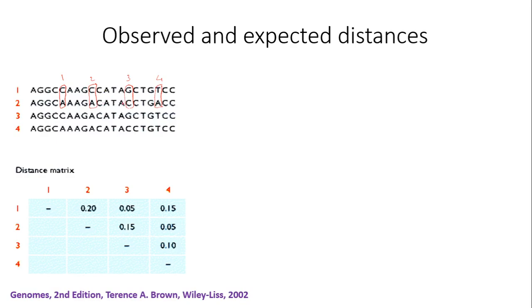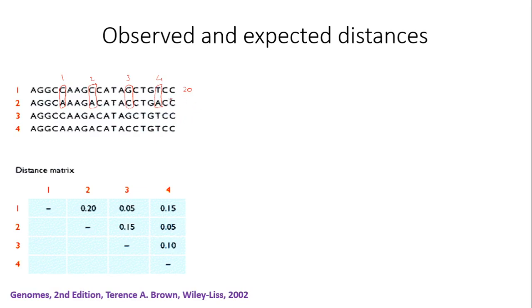For example, let us go back to the slide where we already did this in one of our previous videos. Now, suppose we have these four nucleotide sequences with a length of 20 residues. In this example, the divergence is expressed as the number of nucleotide differences per nucleotide site for each sequence pair.